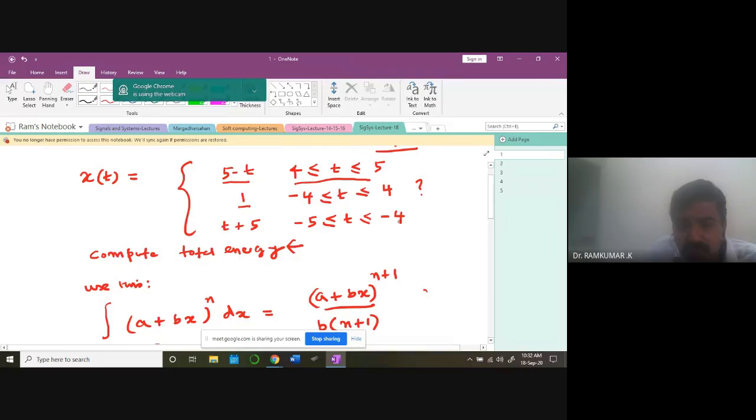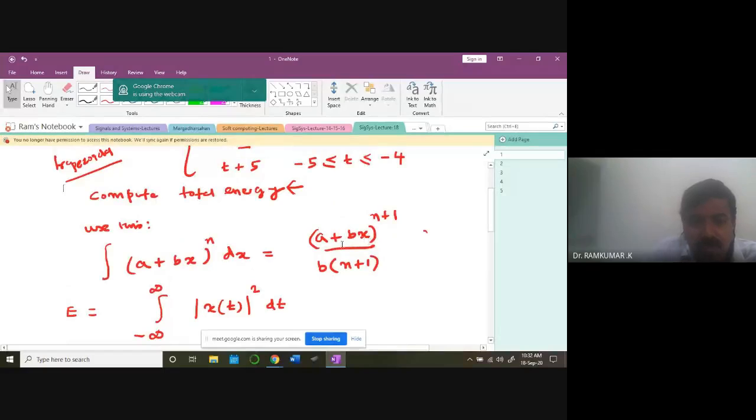It's a kind of trapezoidal waveform, with an increasing ramp, a time-shifted ramp, t plus 5. But right now we are interested only in computing the energy, so we are going to use this formula.